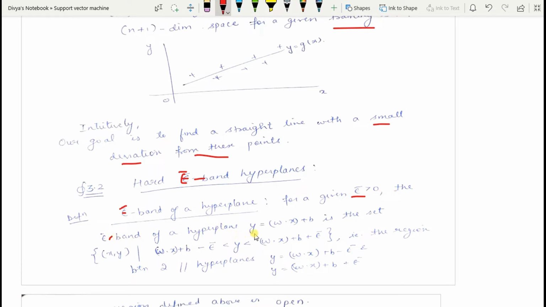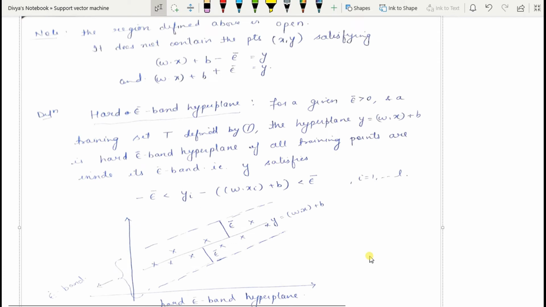For a given epsilon bar greater than 0, the epsilon band of the hyperplane y = w·x + b is the set of points (x, y) which satisfy w·x + b - epsilon bar < y <= w·x + b + epsilon bar. That means the region between these two planes.